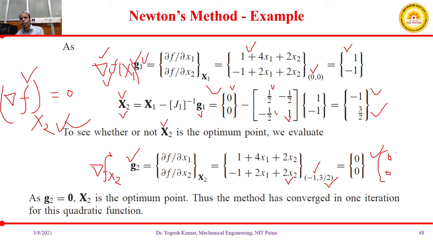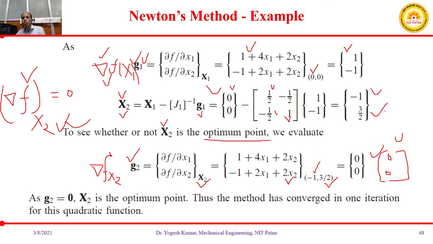Since the gradient of your function at the current search location is equal to 0, we can say that your current search point is your optimum point.